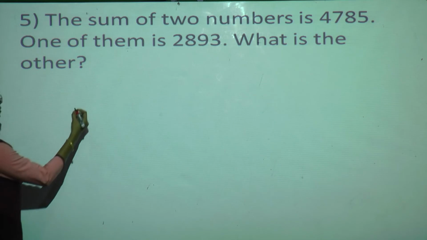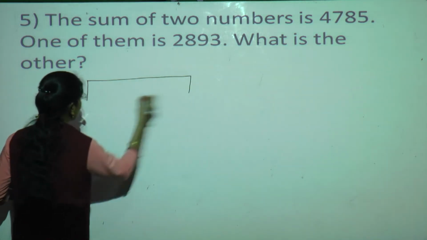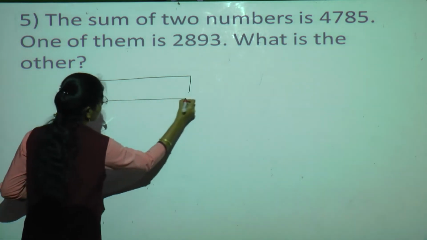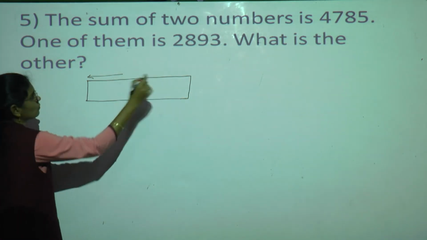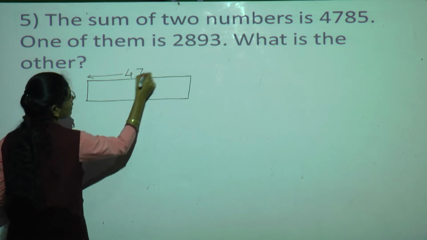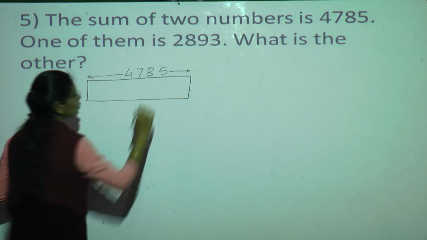4785. Now see students, here I will draw one figure that you have to see carefully. Okay. Suppose this full is 4785. This is the sum of two numbers.